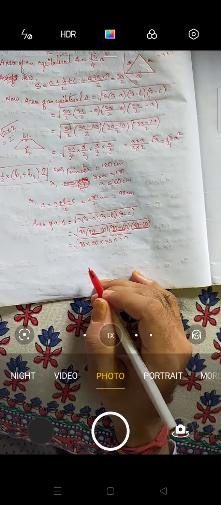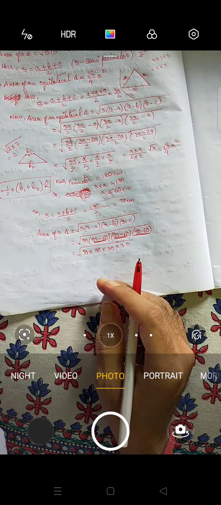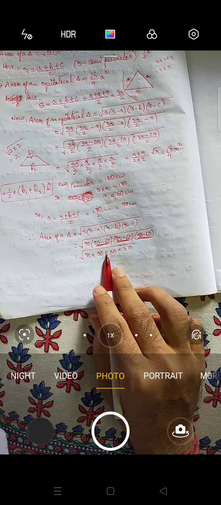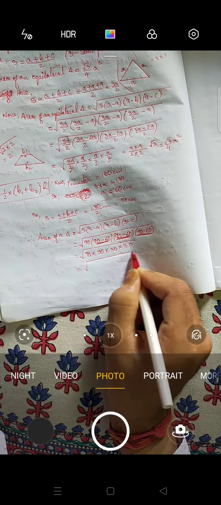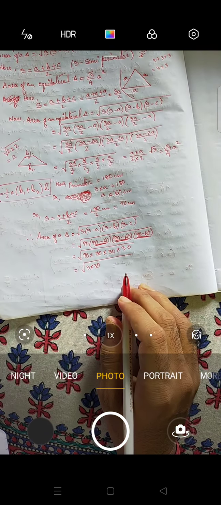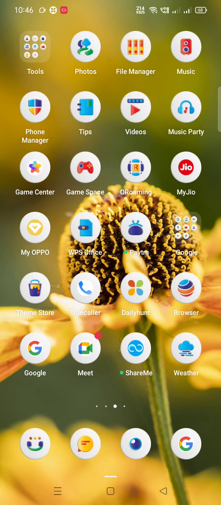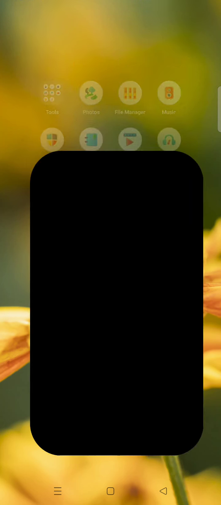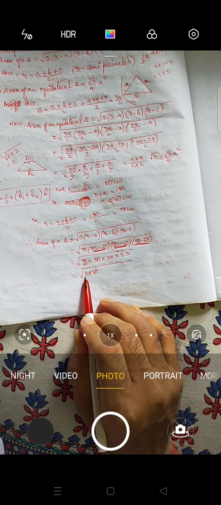Now you know that inside the root, if you are having a pair, one will come out. So out of this 30 squared, one 30 will come out. One 30 is left. Can I say that this 90 can also be written as 3 into 30? Yes or no? So 3 into 30 is 90.